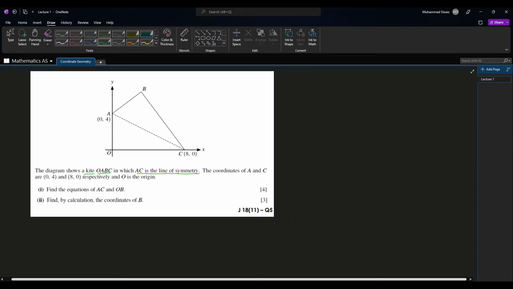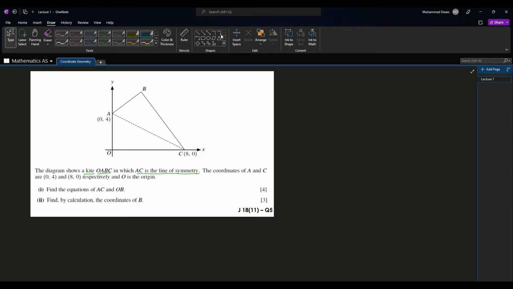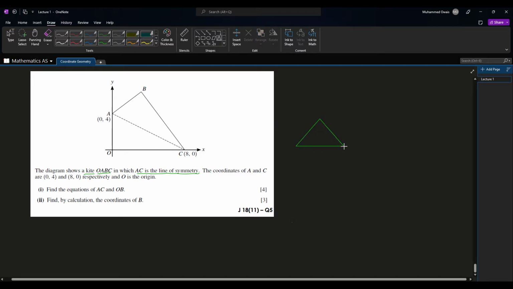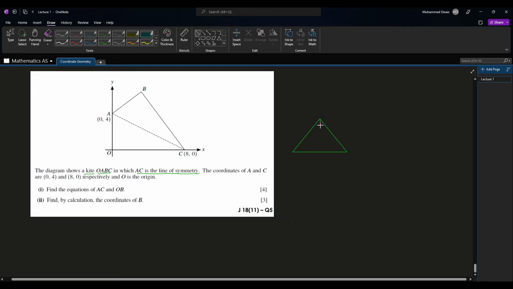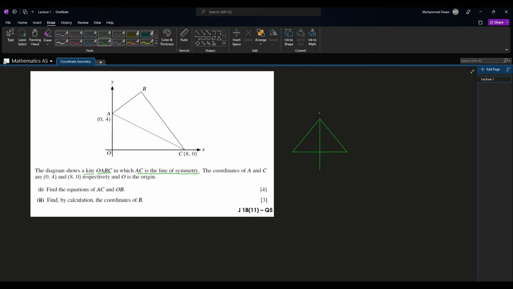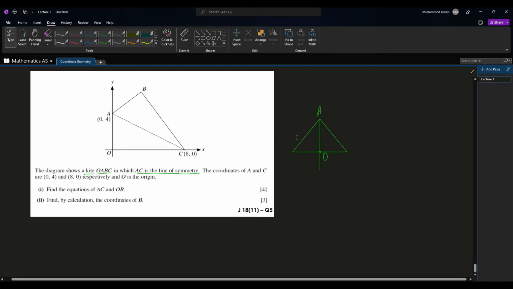Now then, what is the line of symmetry? Basically, a line of symmetry is a line that divides a diagram into two equal halves. For example, if I draw a triangle and draw a line from this point, let's say this line is AO, I can say this line AO is the line of symmetry, as this line will cut the triangle into two equal halves.